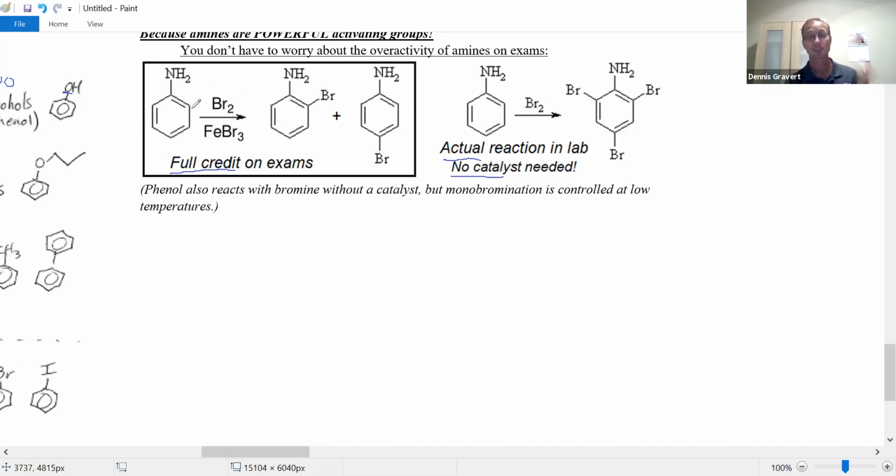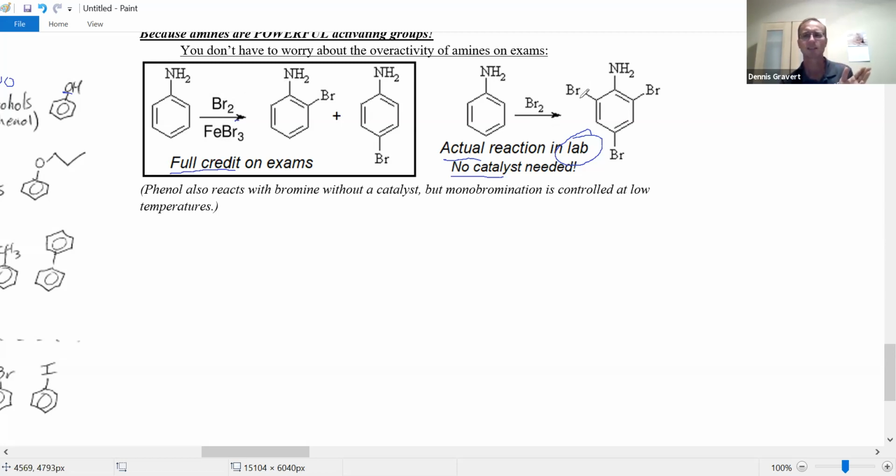The amine is such an activating group, it totally activates the ring to react with Br2 without the need for a catalyst. And in fact, it's so activating, it doesn't stop with adding one of them. So in the lab, hey, chemistry majors, I'm really talking to you guys and gals. If you have Br2 without the catalyst, you think, oh, no catalyst, it'll just slow down.